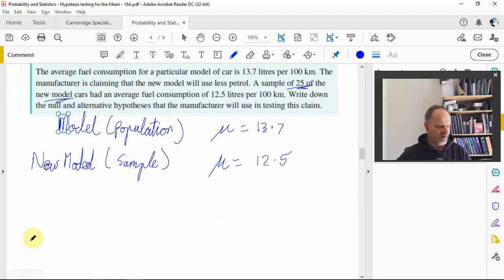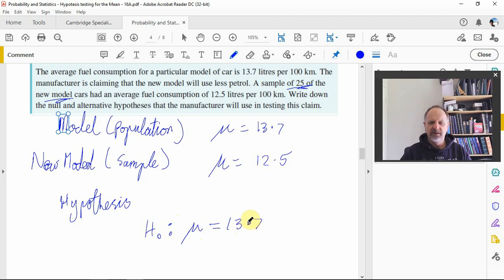All right, so the null hypothesis, H0, says that our mean is equal to 13.7. So the mean of our population and the mean of our sample are exactly the same.